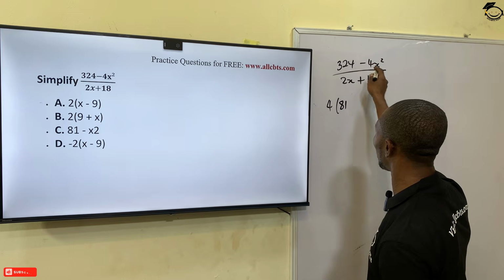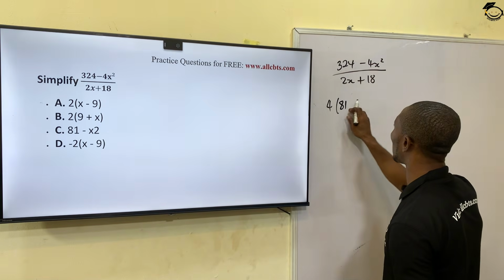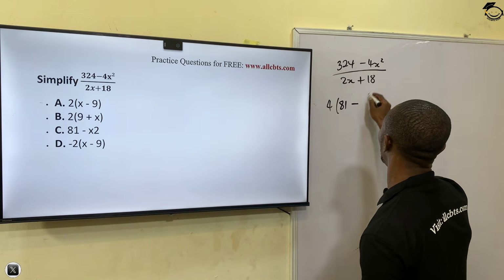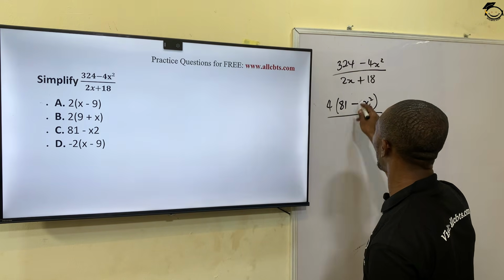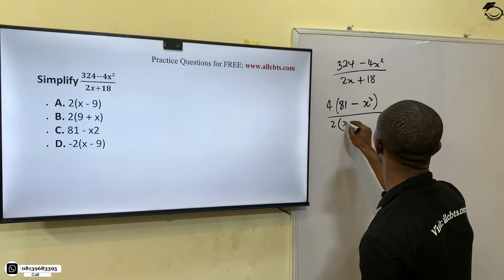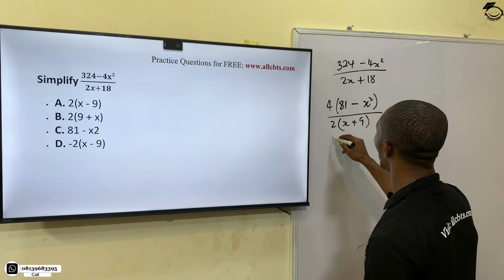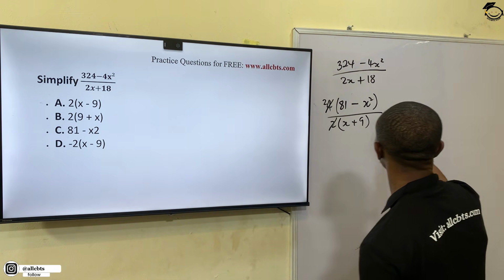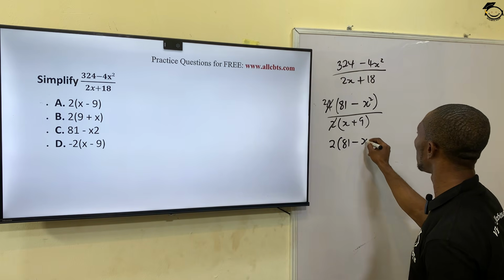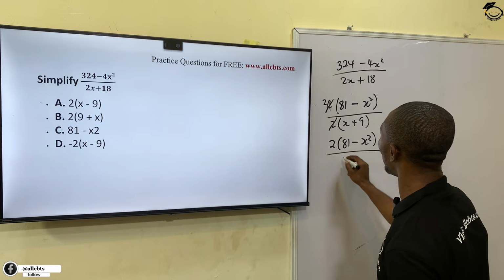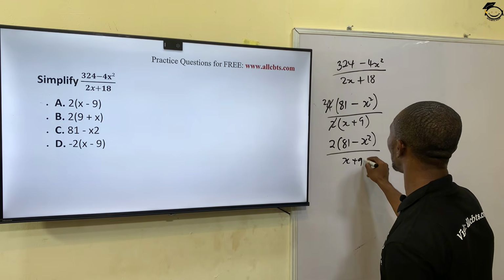So 4 can divide 324 to give us 81. Minus 4 here, we have x squared left. Divided by 2 here, we have 2, x plus 9. Okay, 2 here cancel will give us 2. So from here, we have this as 2 bracket 81 minus x squared all over x plus 9.